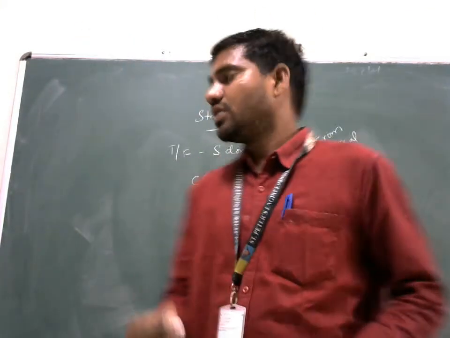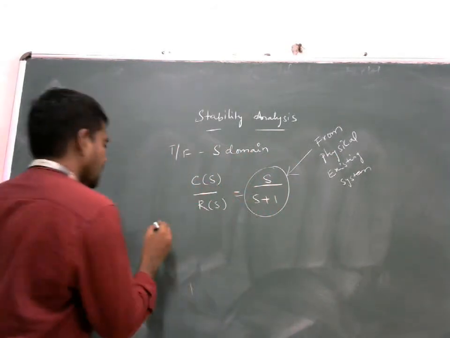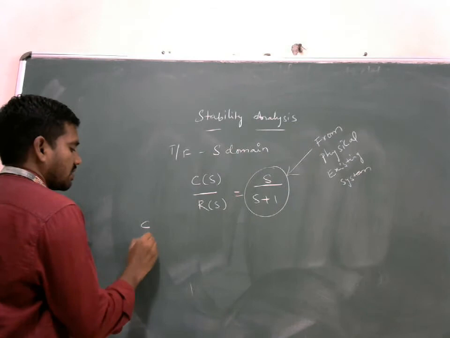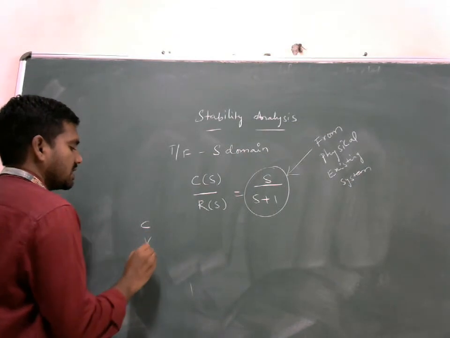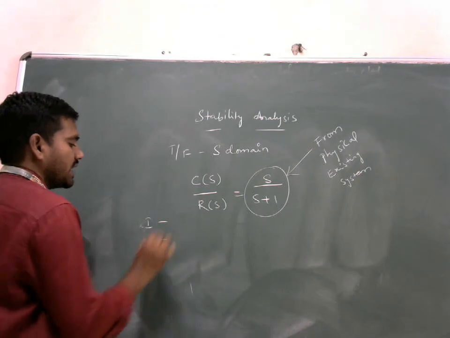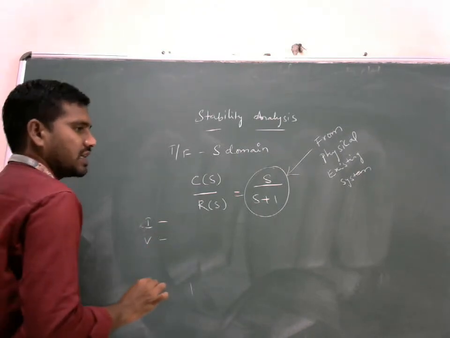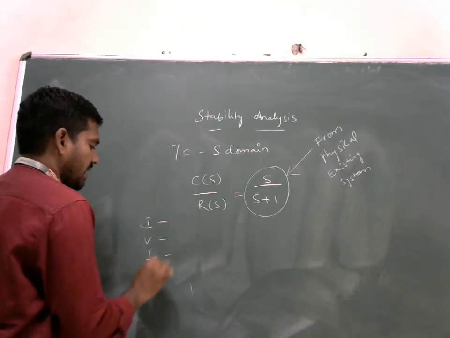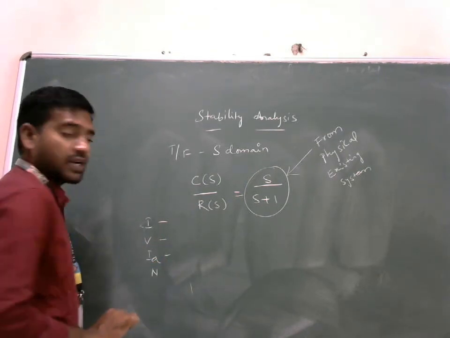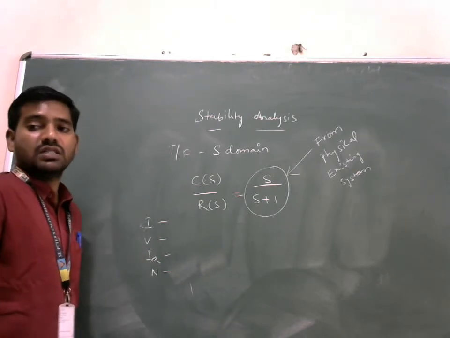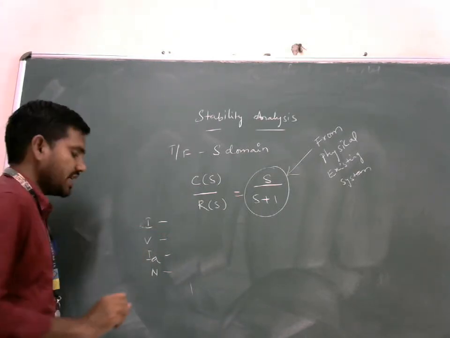What data does he take? He will consider the voltage, the current in amperes, then the armature current, and after that he will take the speed, right? All these data he will take, and he will mention them on the nameplate details.